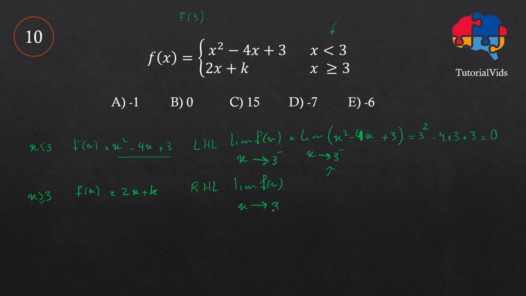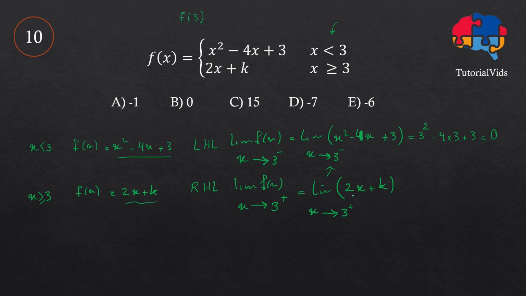X goes to 3 from the right, and this equals the limit of f of x, and we know that f of x equals 2 times x plus k, when x goes to 3. Again, x is going to 3 from its right. That means it's a little bit larger than 3, but very, very close to 3.